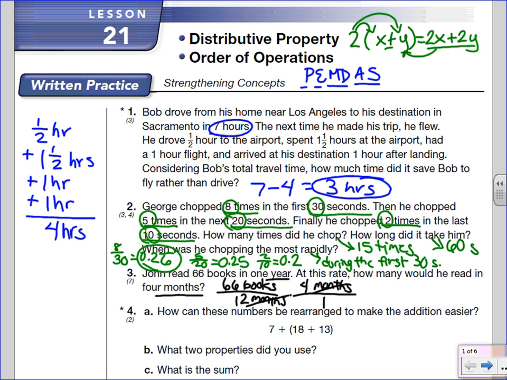Months will cancel. So 66 times 4. Well, 60 times 4 would be 240, and 6 times 4 would be 24. So 264. And then divide that by 12.